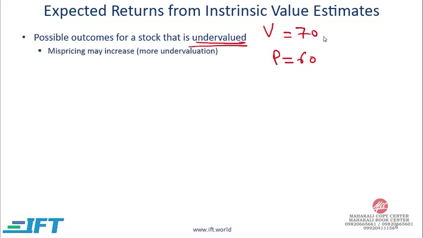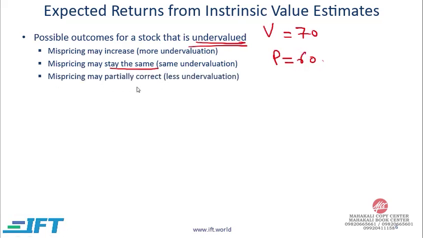One scenario is that this mispricing increases. In other words, you continue to believe that the value is 70, but the stock price falls. So the market price actually goes down, and the mispricing will actually increase. Another scenario is that over your holding period, the mispricing stays the same.